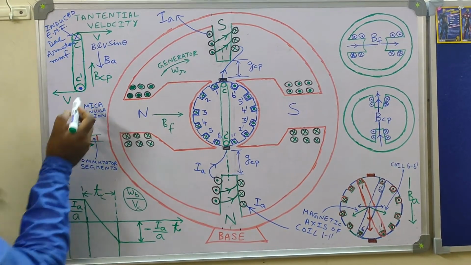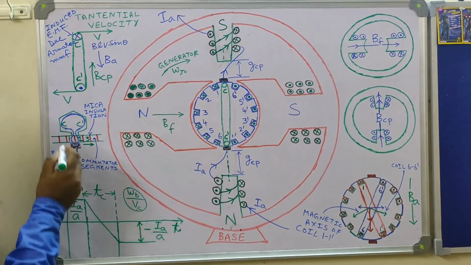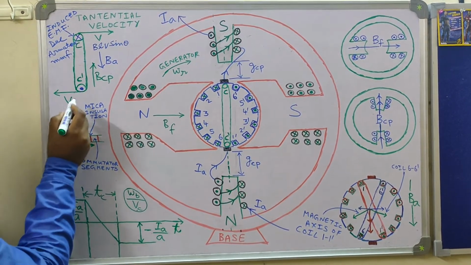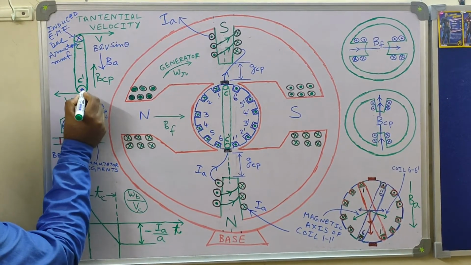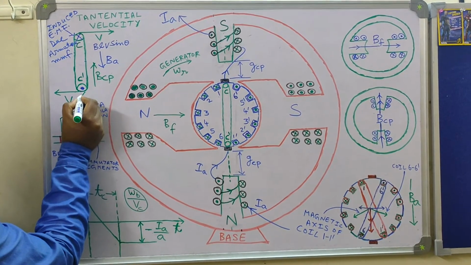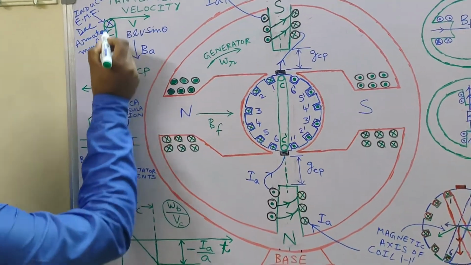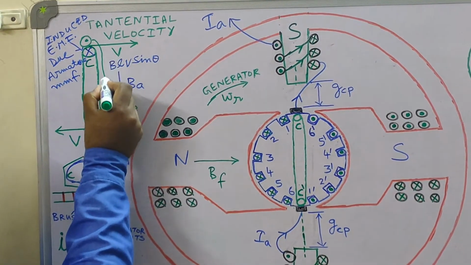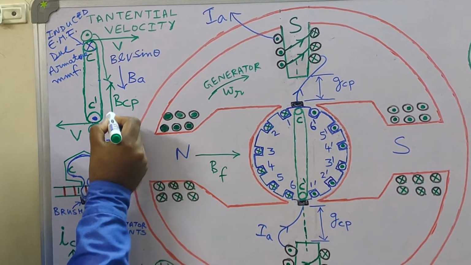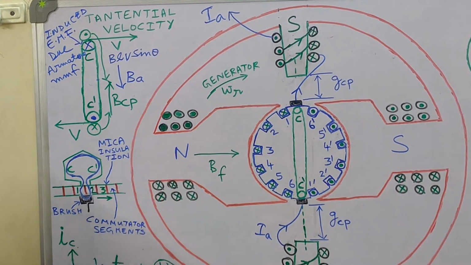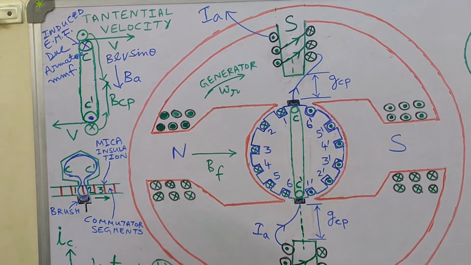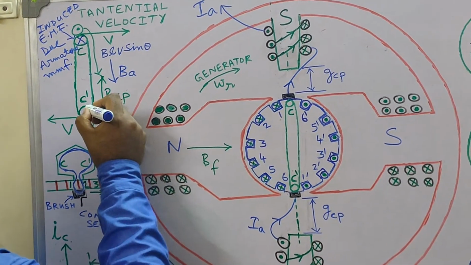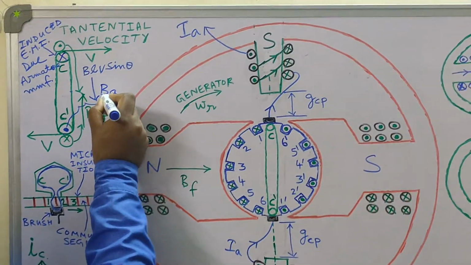Now if you apply Fleming's right hand rule, or you take the cross product of V, that is the velocity vector, and B, you will find that for BCP you will have here cross, and you will have here dot. So this dot and cross is due to this one. However, this dot and cross is happening due to the armature flux density. So this is due to this one.